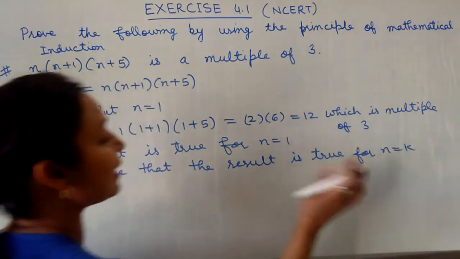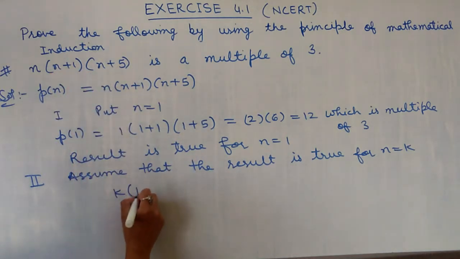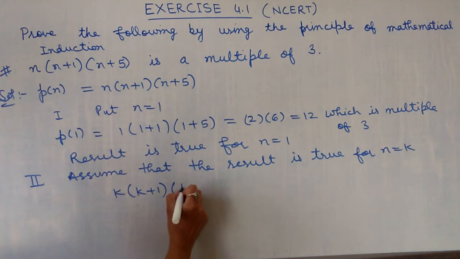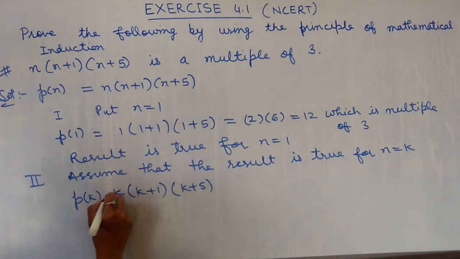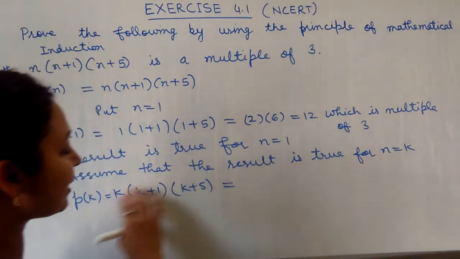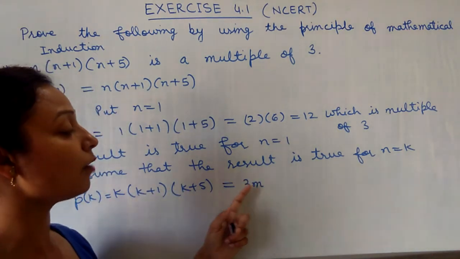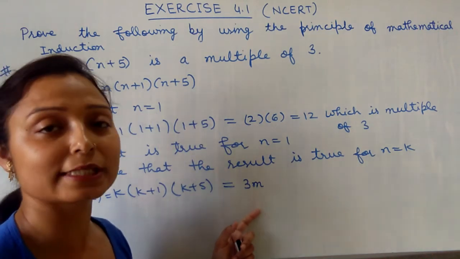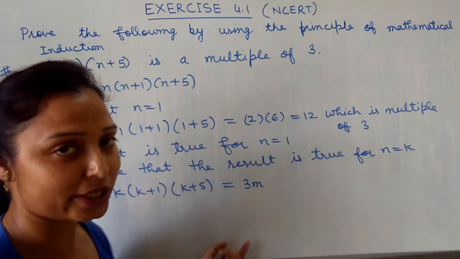When you take n equals k, we have k(k plus 1)(k plus 5). This is Pk, which is a multiple of 3. So you can write it as 3m. That means it is a multiple of 3, so you can suppose it as 3m, where m means multiple and 3 is given in the question.